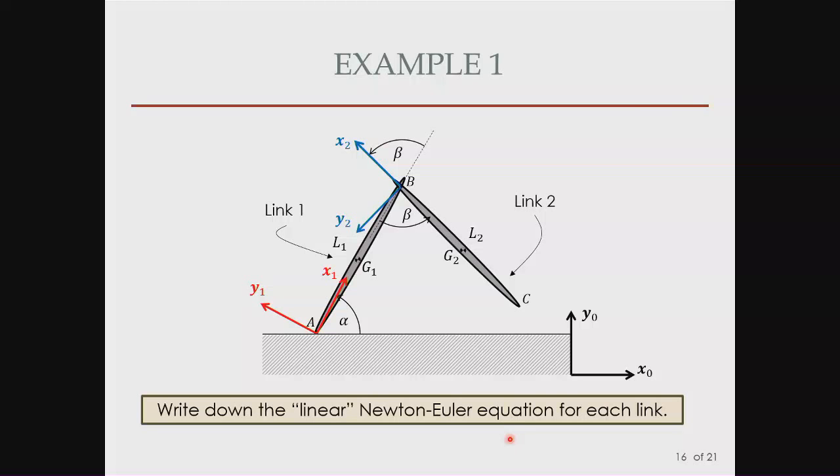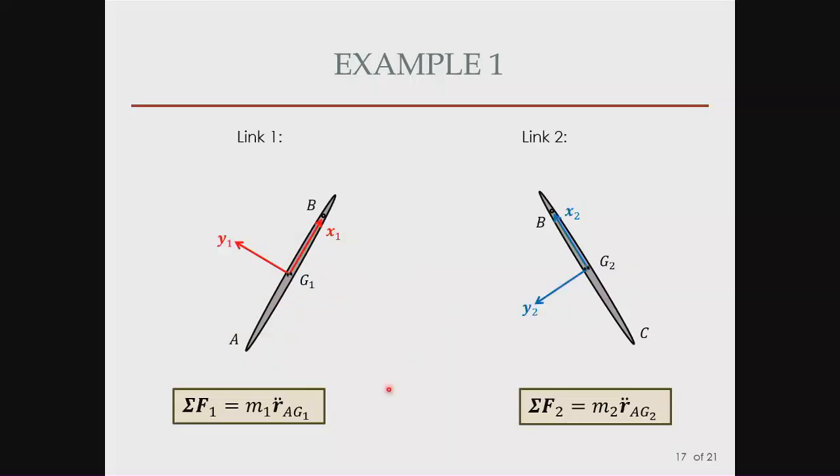And that should be equal to the sum of forces on that rigid body. So here we have 2 rigid bodies, 2 links. Assume that G1 and G2 are the respective centers of mass. Now we are going to prepare these linear Newton-Euler equations for each of the rigid bodies.